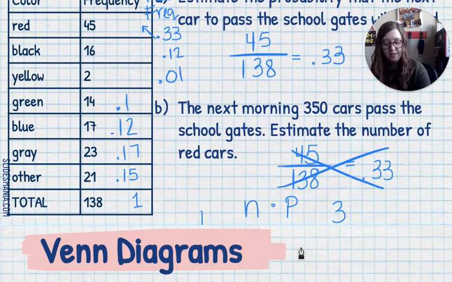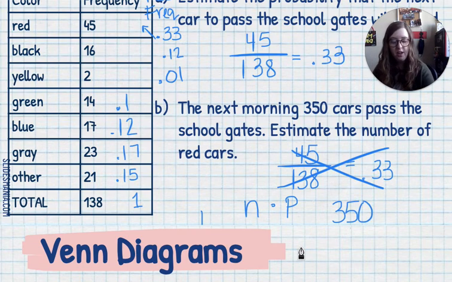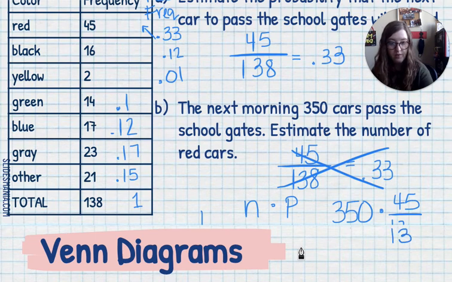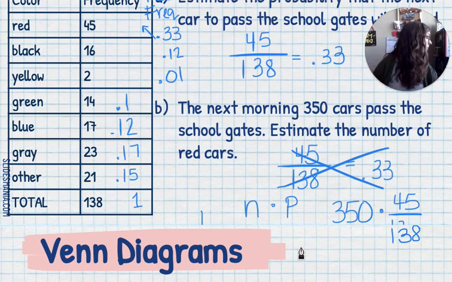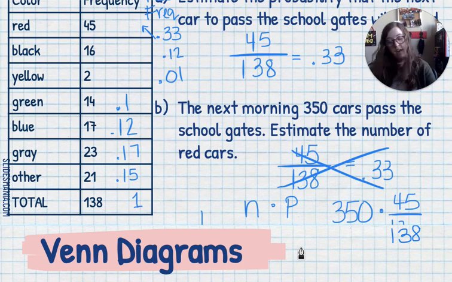So that means 350 trials of 350 cars driving by, times our probability, which was 45 over 138, or 350 times 0.33. And if we pop that into our calculator, we'll end up with 114 red cars.